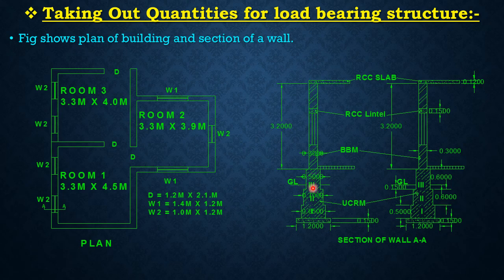And the third footing up to plinth has width 0.50 meter and depth 0.6 meter plus 0.15 meter, means 0.75 meter. The height of building from plinth to bottom of slab is 3.2 meter. The RCC slab has thickness 0.12 meter. Then the brick masonry wall has width 0.30 meter.